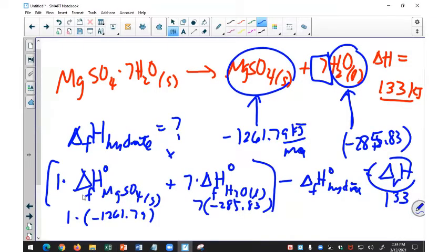You add that to 133, that would give you minus delta H reaction, right?